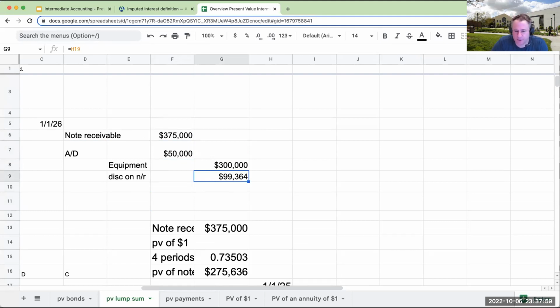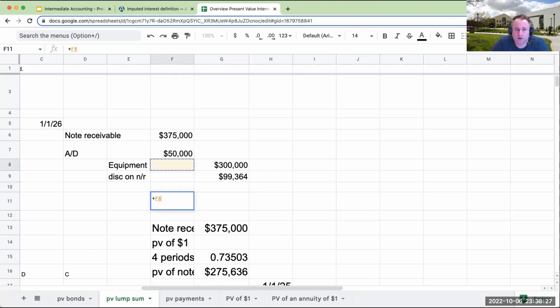Remember, on my balance sheet, this is going to show at a net amount of $275. What does this discount really represent? It doesn't represent the gain on the sale. It really represents interest revenue. That's how we're going to treat it.